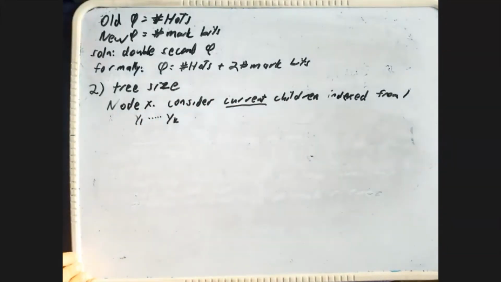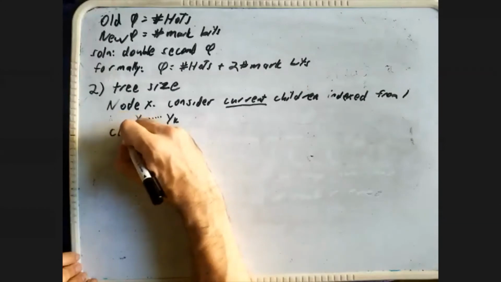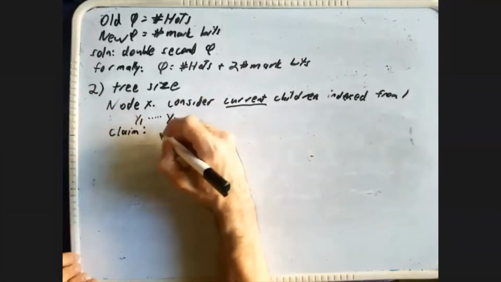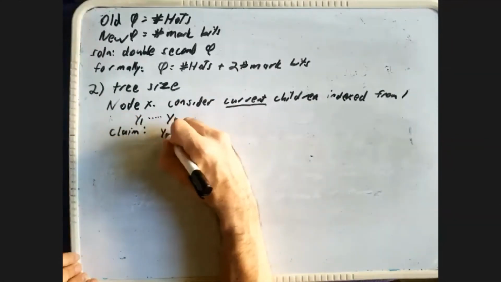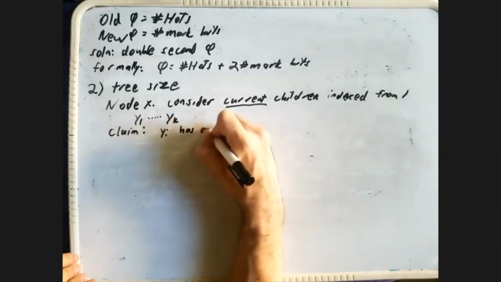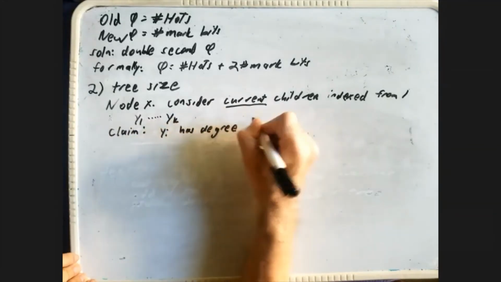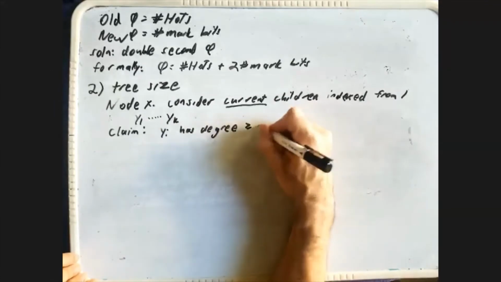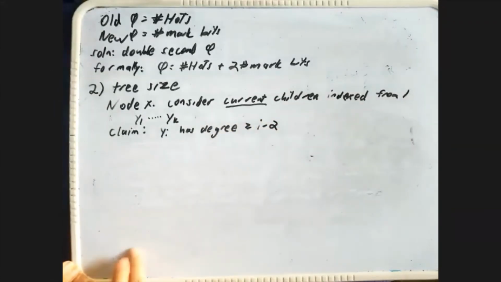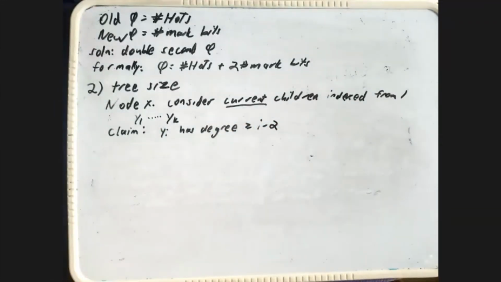My claim, so we're doing a lemma now, is that yi has degree at least i minus 2. This is a lemma that's aiming to recover what we had from our tournaments.